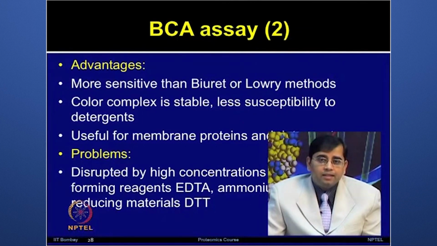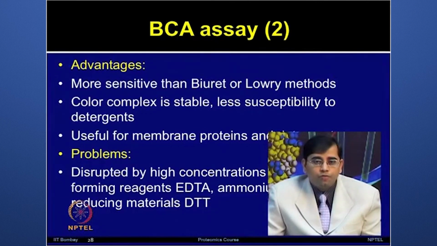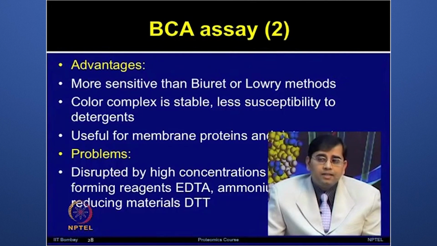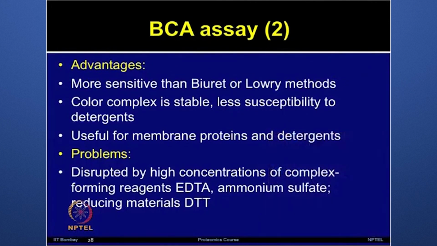So, this method definitely has a lot of advantages as compared to the Lowry method, but it still has some problems. This reagent can be disrupted by a very high concentration of reagents such as EDTA, ammonium sulphate and different types of reducing materials such as DTT.